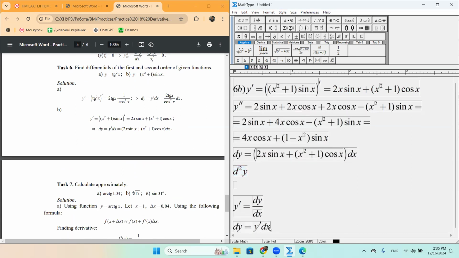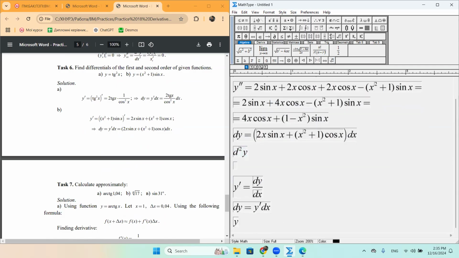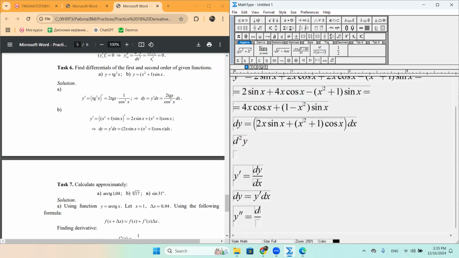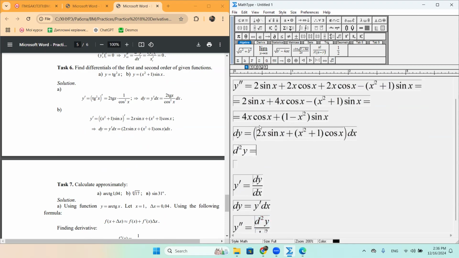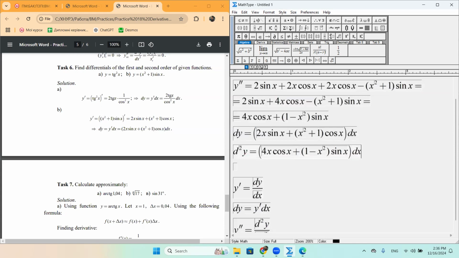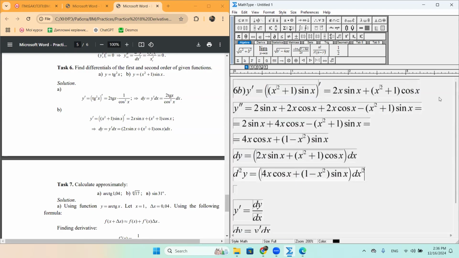So how to write, for example, the second derivative: d2y by dx square. So like this, multiplying this expression by dx in power of 2. And that's it. Any questions about this task?